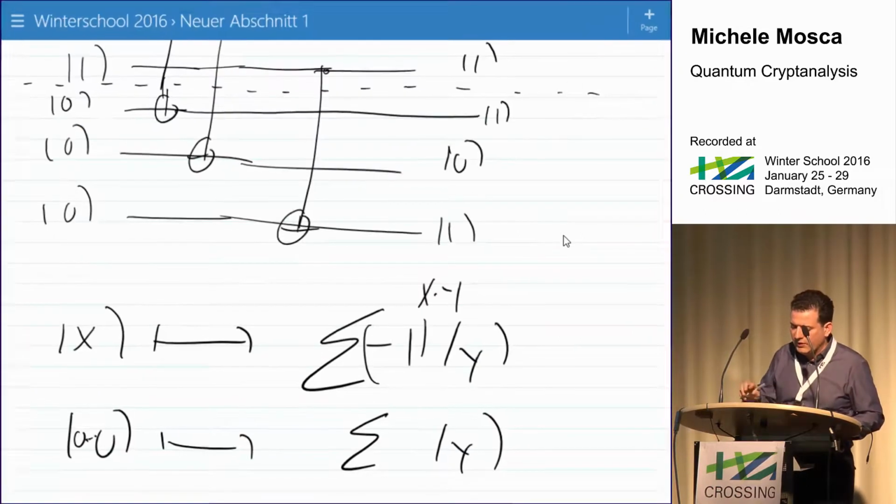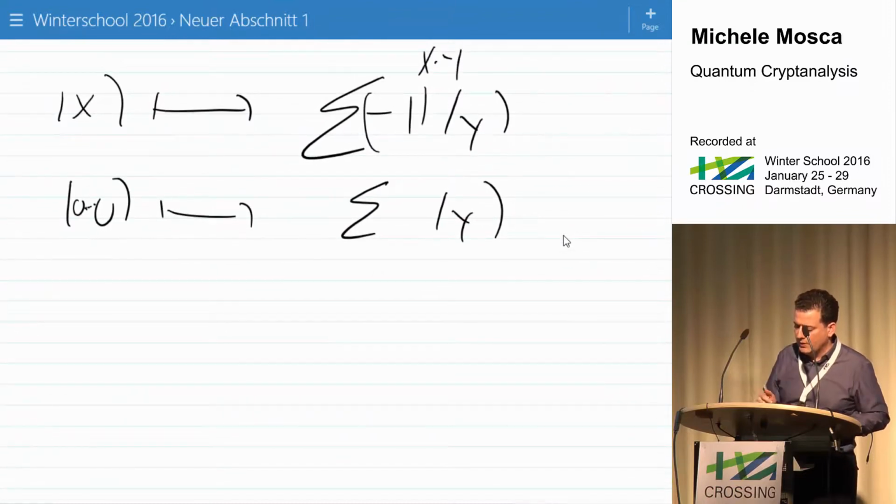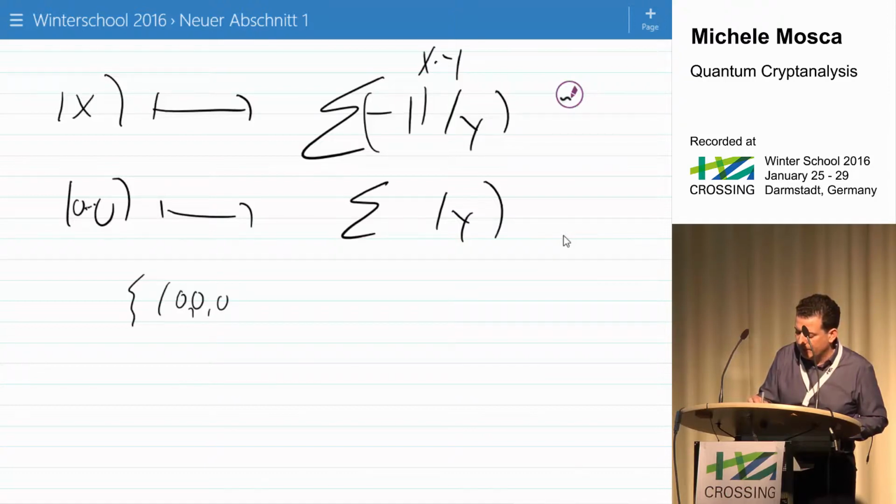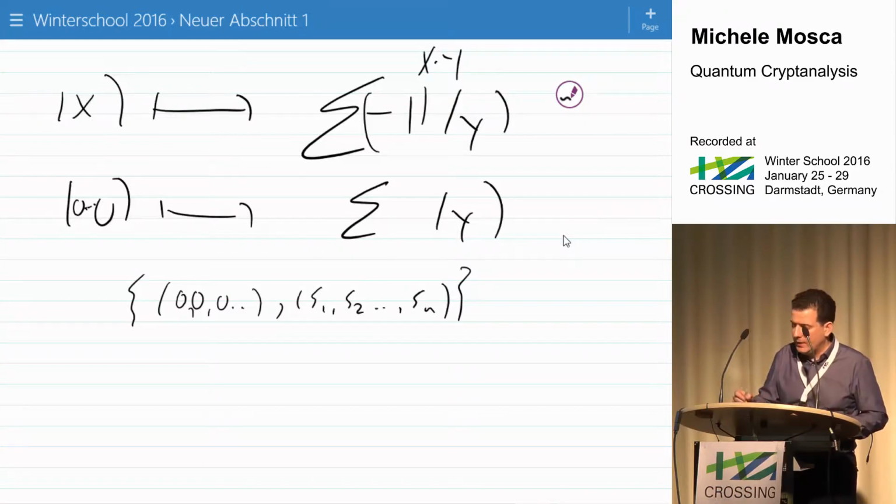It's useful to do a very special case of this, which is what Dan Simon did. So let's suppose you have a subspace consisting of the all zeros vector and some other secret string, s1 up to sn. This is a subspace, a subgroup of Z2 to the n.